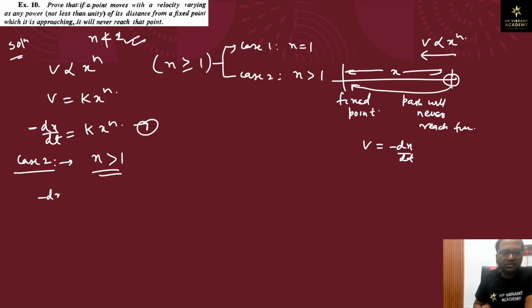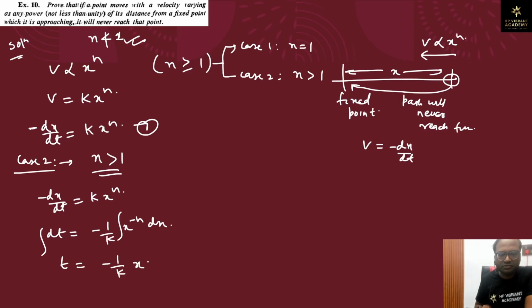So minus dx upon dt is equal to k x to the power n. We can write this as dt is equal to minus 1 by k x to the power minus n into dx. Let us integrate this. So we have t is equal to minus 1 by k x to the power minus n plus 1 upon minus n plus 1, plus a constant of integration.